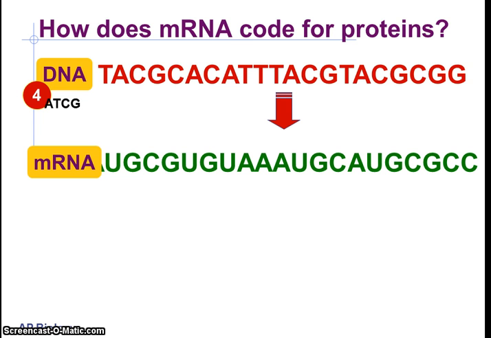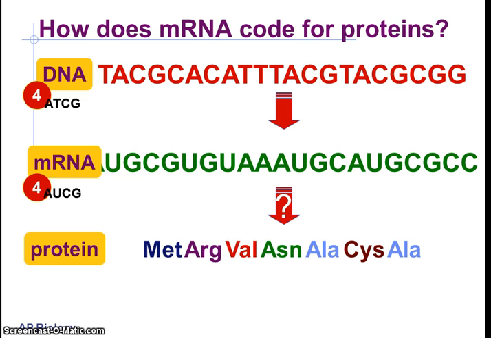It has 4 different bases: A, T, C, and G. Then we have mRNA, where T pairs with A, A pairs with U, and so on. Everything is paired together. We have 4 different bases, A, U, C, and G. That first part is transcription. Now, how do we get to this?